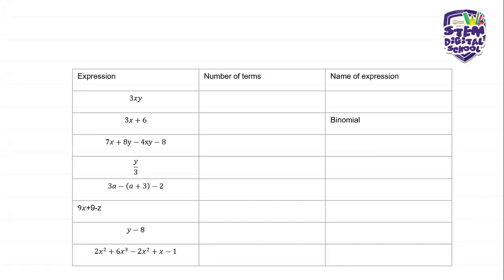And then the seventh one. He agrees that there are 5 terms. So let us carry on. That's a binomial. I mean, that's a polynomial, sorry. That's a polynomial.